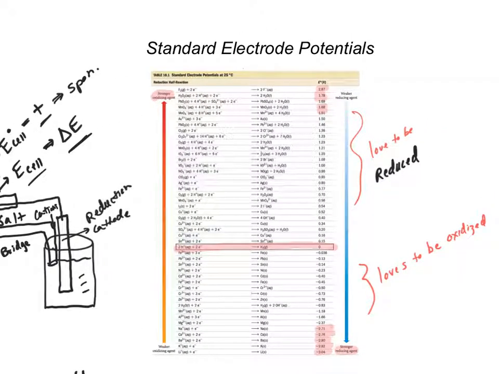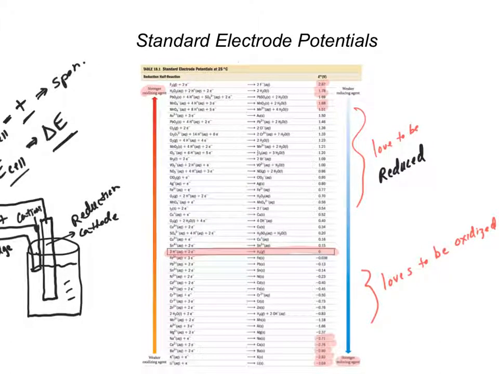So now, there's a couple of things, because we're going to be dealing with these quite a bit, so I want to introduce you to it. A couple of things to note about this standard tabulated table. These actual potentials are measured in volts, okay? And right now, these are all at standard state. So every time they give you a table like this, all of the reactants and products are at standard state.